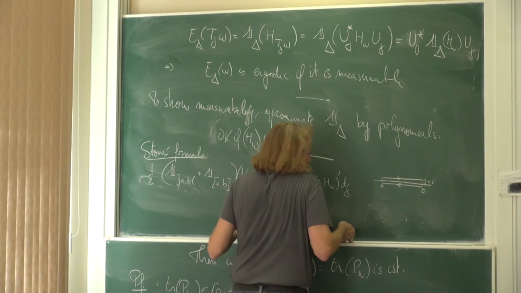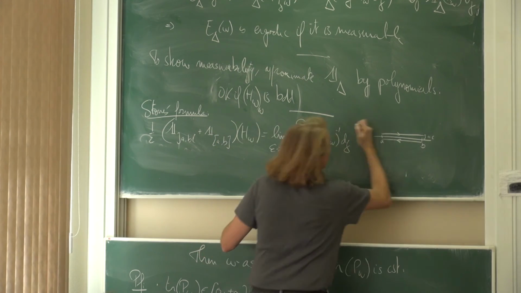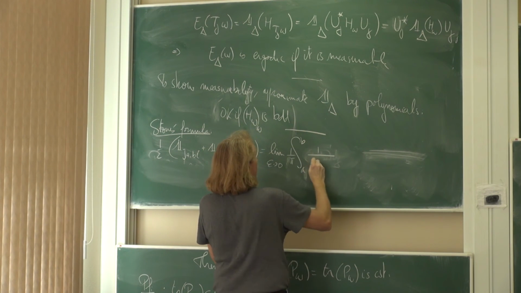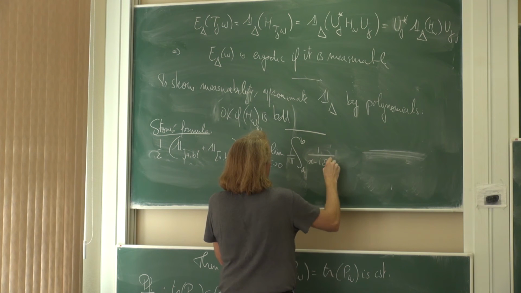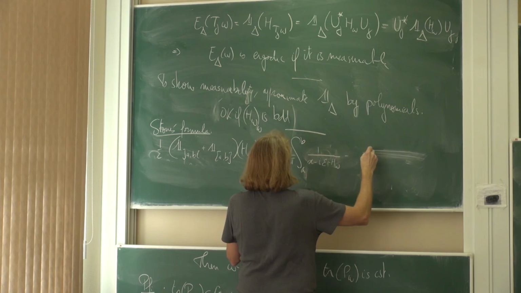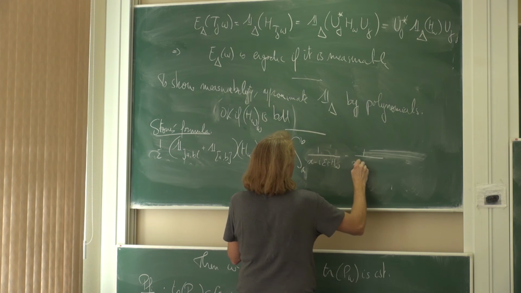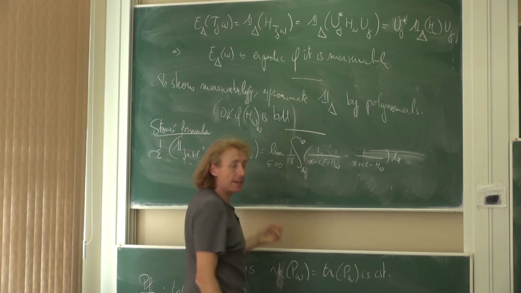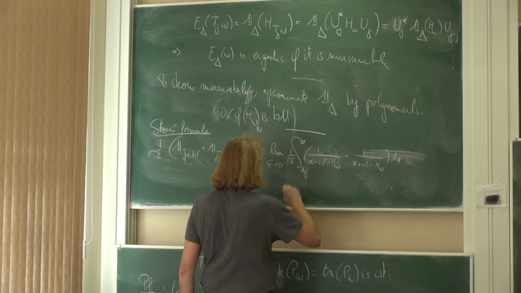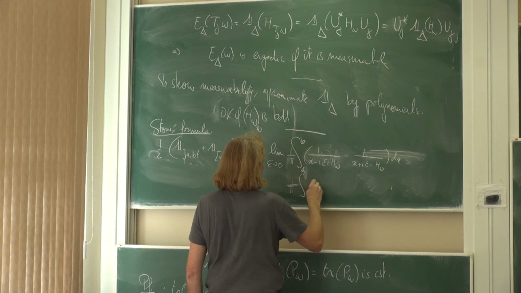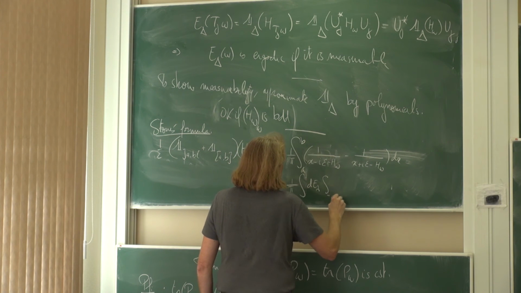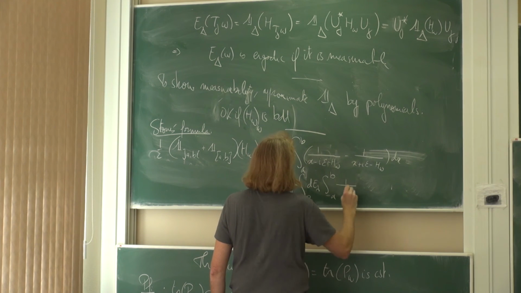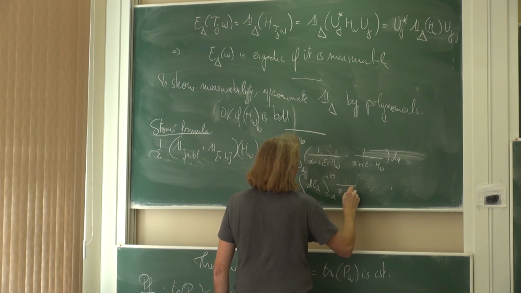So let me write it. It's the integral from A to B of 1 over x minus i epsilon minus H omega, minus 1 over x plus i epsilon minus H omega, dx. So if you rewrite it using the spectral measure, it's going to be 1 over pi, integral against the spectral measure d lambda, from A to B over R, of 1 over x minus i epsilon minus lambda.